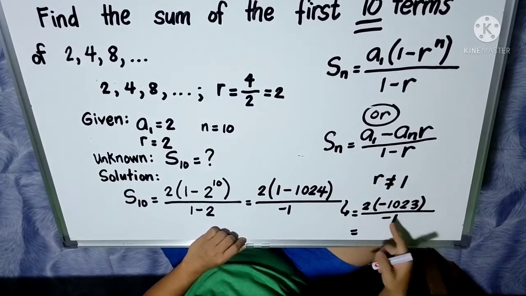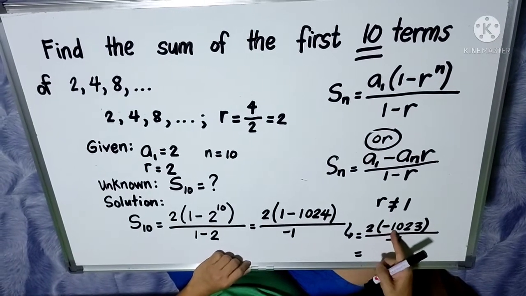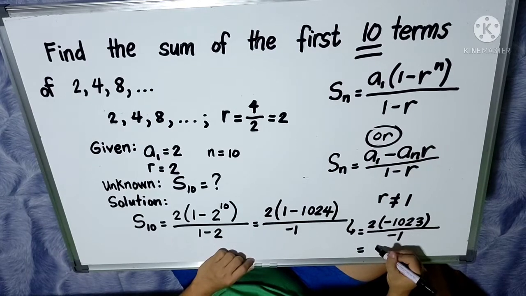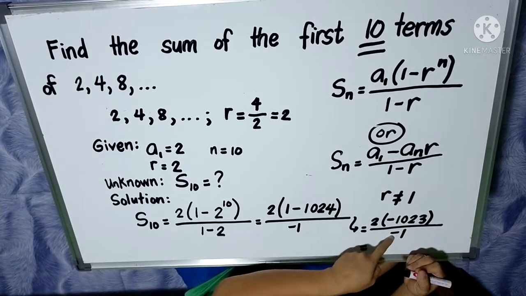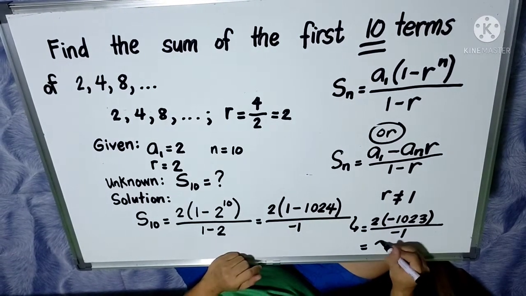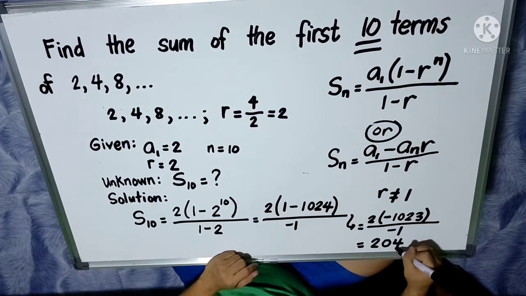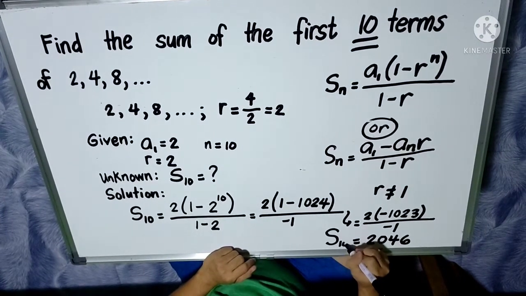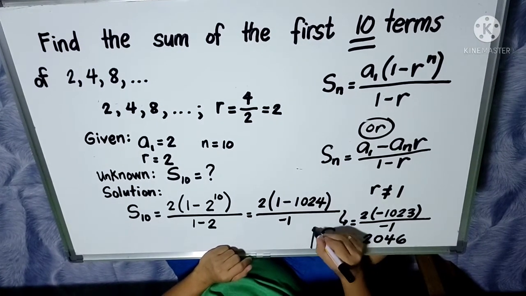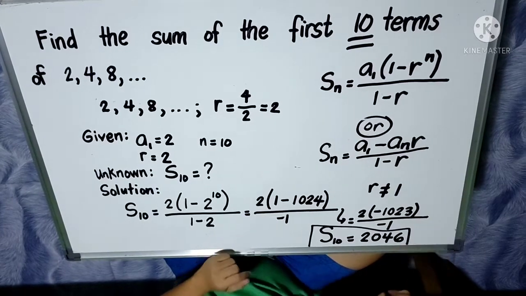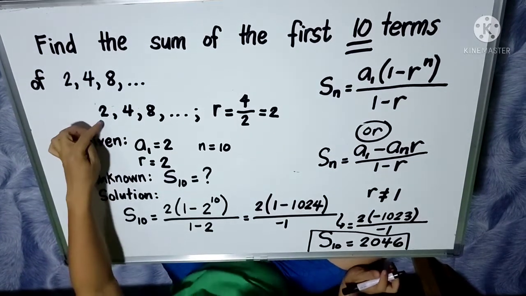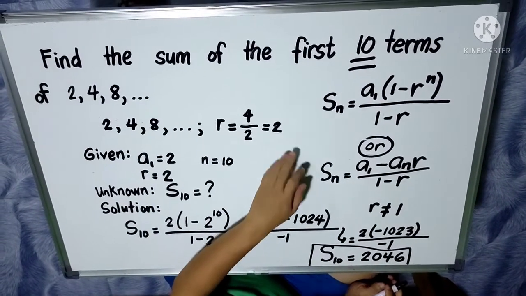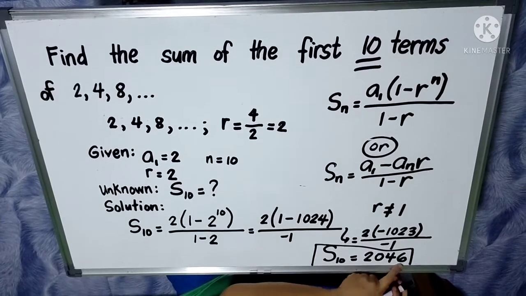So, multiply 2 times negative 1023 is negative 2046 divided by negative 1, so your final answer will be positive 2046. So your S sub 10 is 2046. So if you are going to generate all the terms up to the 10th term and you get a sum, you'll get a sum of 2046.